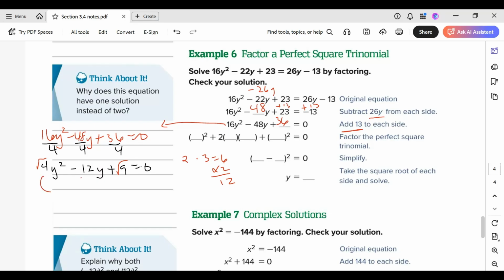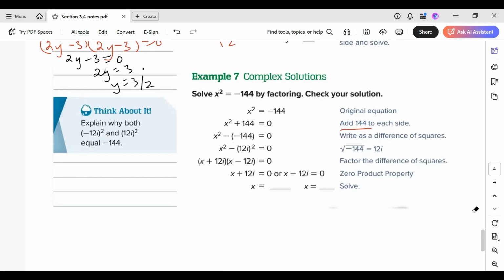So I'm going to break it down into 2 bubbles, and I'm going to write 2y, 2y, a 3, and a 3. And since the sign in the middle is a minus, it's 2 minuses. It's the same bubble repeated twice. You only need to solve it once. So I'm just saying 2y minus 3 equals 0. 2y equals 3. y equals 3 halves.